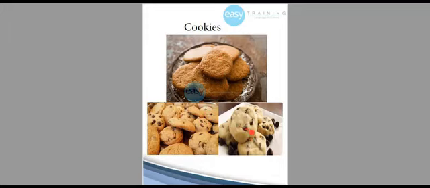Here are some cookies, the kind that the girl and her dad in this lesson are making. This is what the lesson is about.